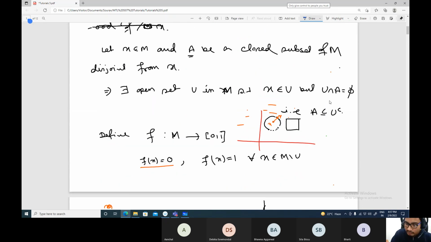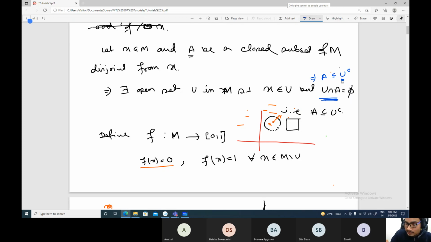You see, U intersection A is empty. So this implies A is a subset of U complement. But in U complement, the functional value is 1. Fine? Clear? Yes, please respond, and be confident.